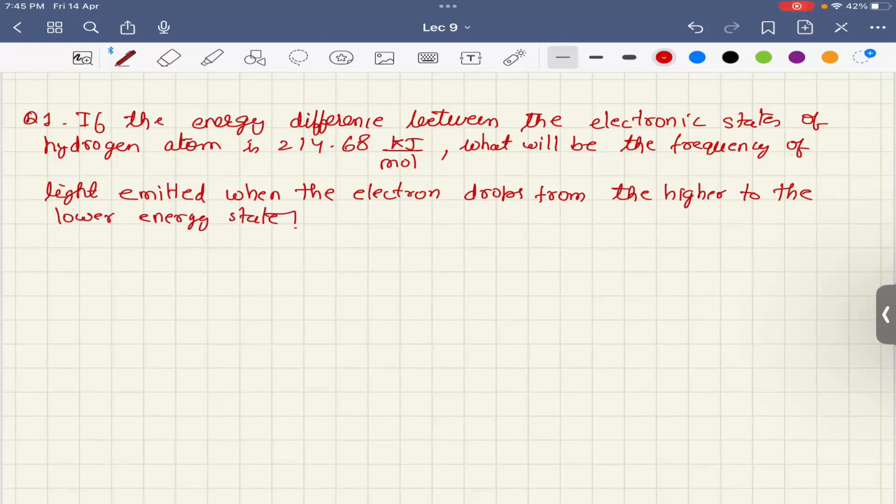We know that Planck's constant has been given to us as 39.79 × 10^-14 kilojoule second per mole. Right? This has been given to us.